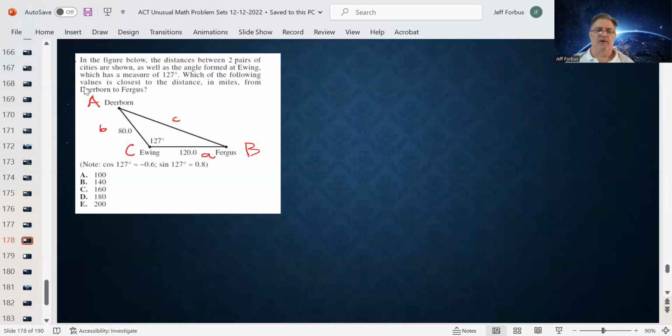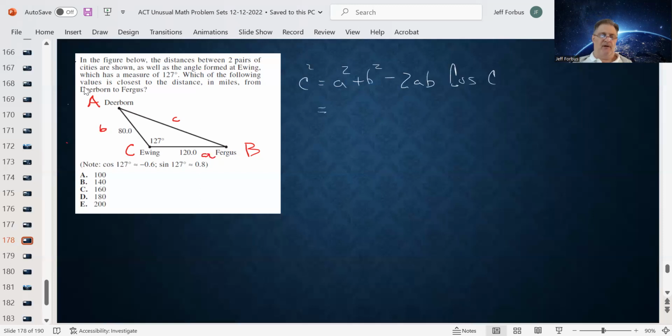Now we're going to use the law of cosines to figure this out. c squared is equal to a squared plus b squared minus 2ab times the cosine of angle C. Now just substitute your numbers into the equation because we want to find side c, and the law of cosines is set up for us to do that.